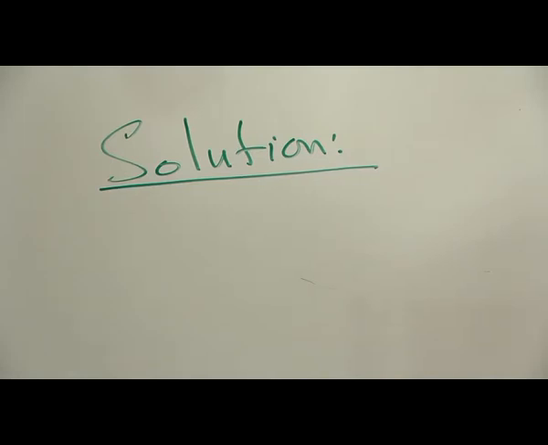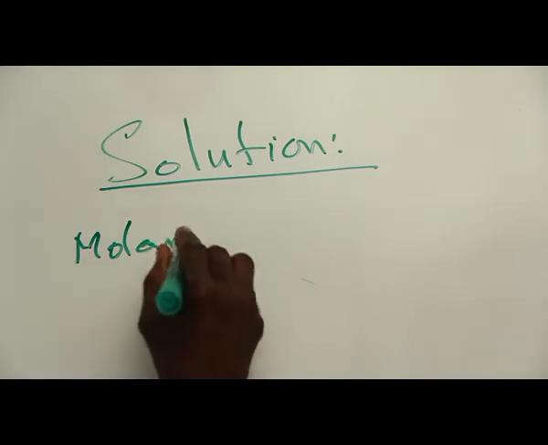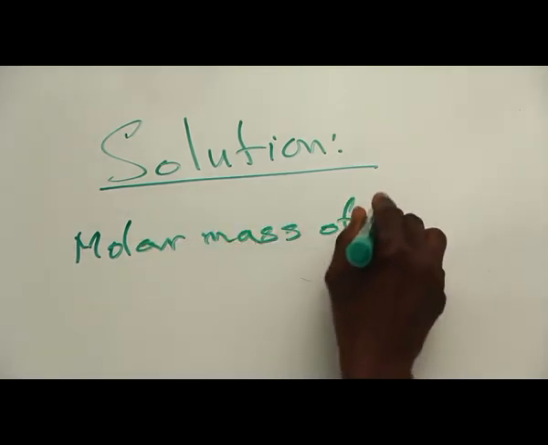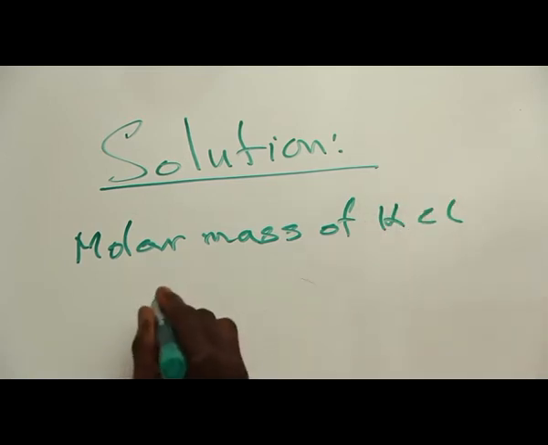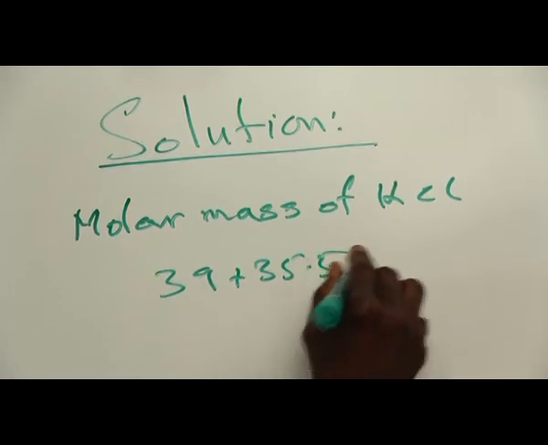Solution to example 2. We start by converting the given mass to moles by dividing it by the molar mass. So molar mass of potassium chloride is 39 plus 35.5.